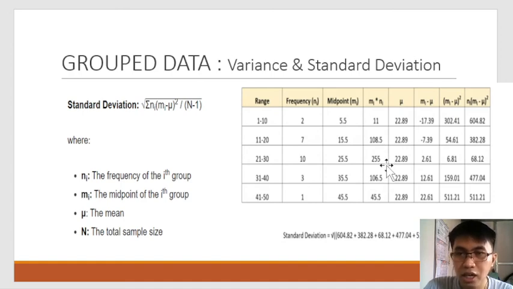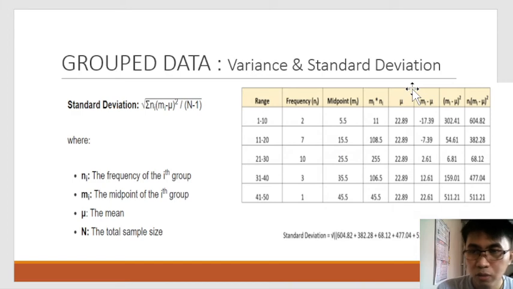Okay, next, yung atin pong mean, denoted as this, yung mu po natin. So, mu po yung ginamit niya dito, ito ay yung population mean po kasi as we already explained, yung paggamit ng mu is connected to the nature of the data kung yan ay population or sample.